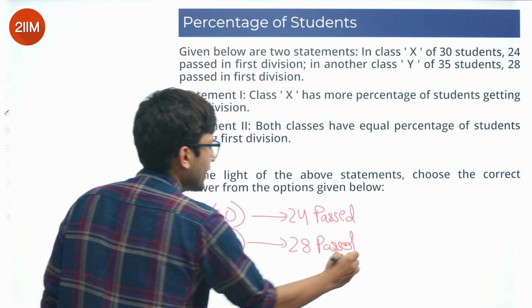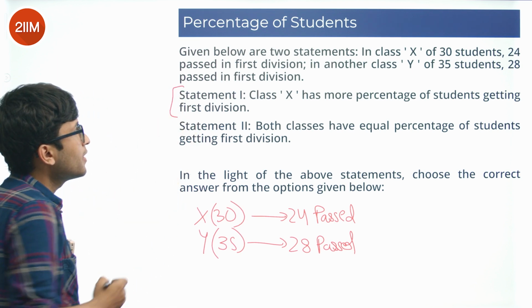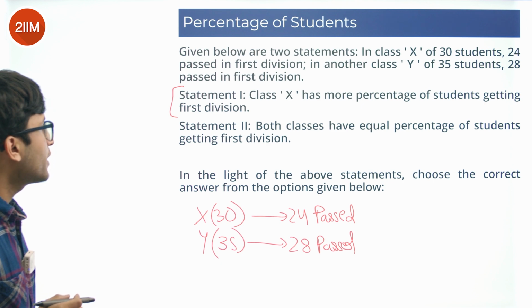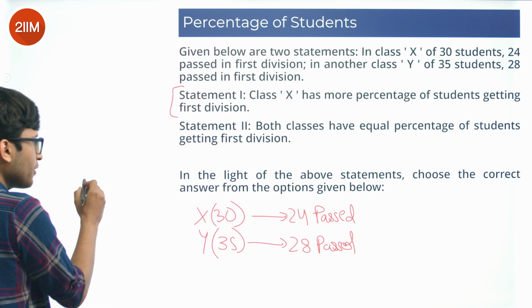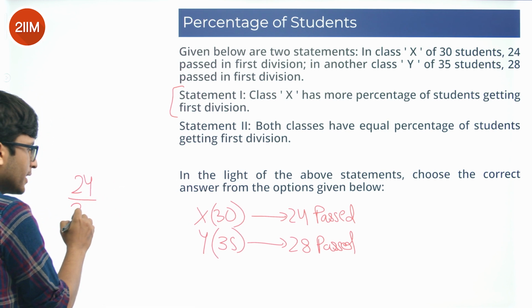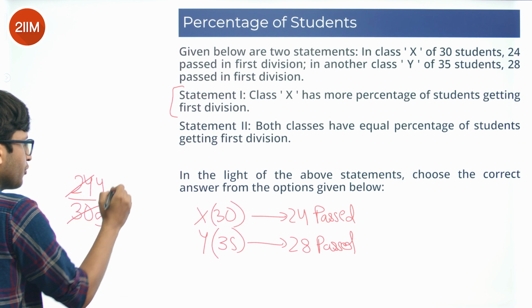What do we need to find out? The first statement is class X has more percentage of students getting first division. Is it true? Let's find out. For class X, it would be 24 by 30, which is equal to 4 by 5.